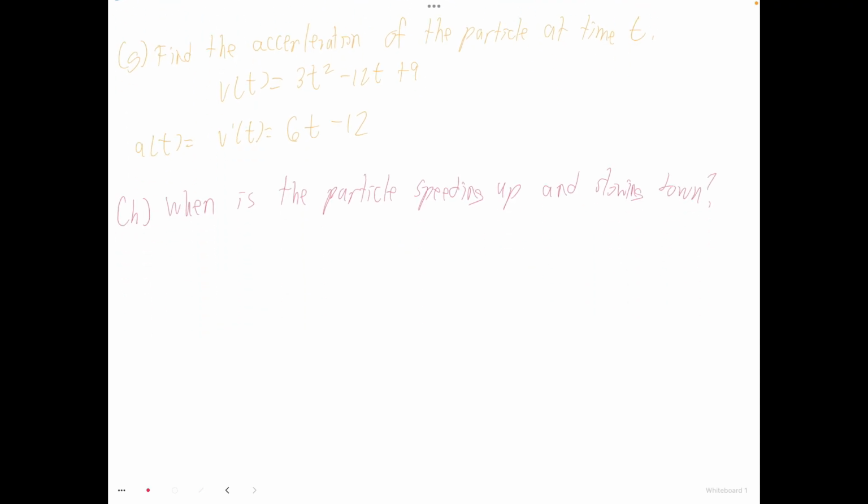And so we're speeding up if we're going in a direction and we're going faster in that direction. And so the velocity tells us our direction. And so when v of t is greater than 0, we would be speeding up if we are getting even larger positive numbers out, meaning that the rate of change of the velocity is positive. So when v of t is greater than 0 and a of t is greater than 0, we are speeding up.